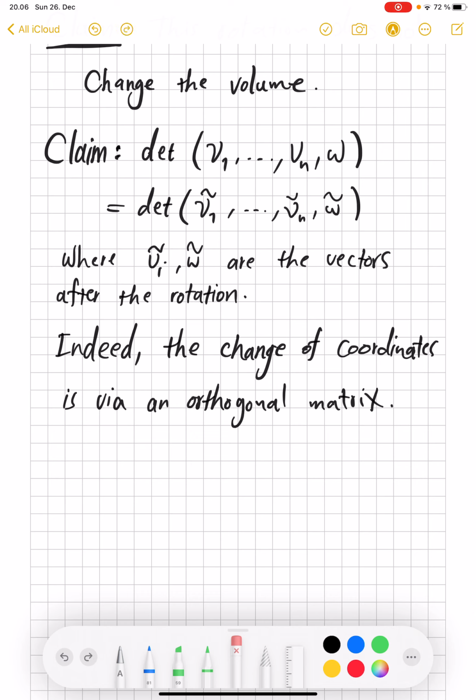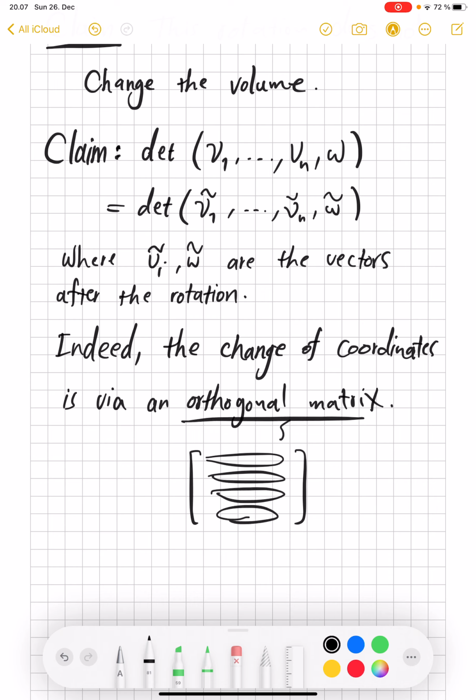In fact, the exact form of that matrix is that the orthogonal matrix will have rows equal to the elements of this new orthonormal basis. Just put them in the rows. So the new coordinates will be the multiplication of this matrix into the old coordinates of the vectors.